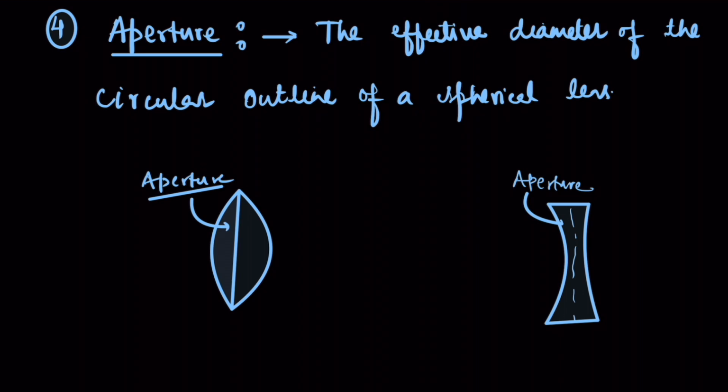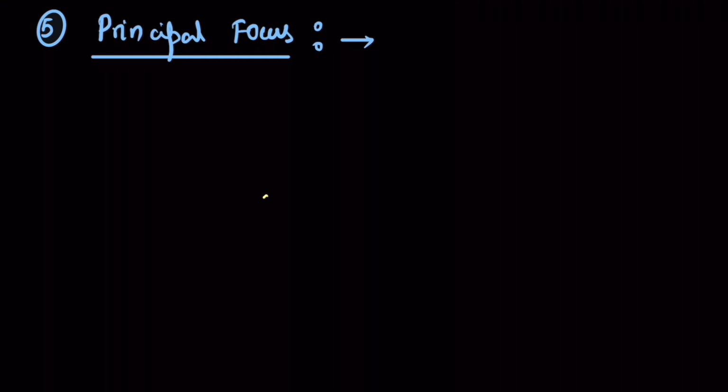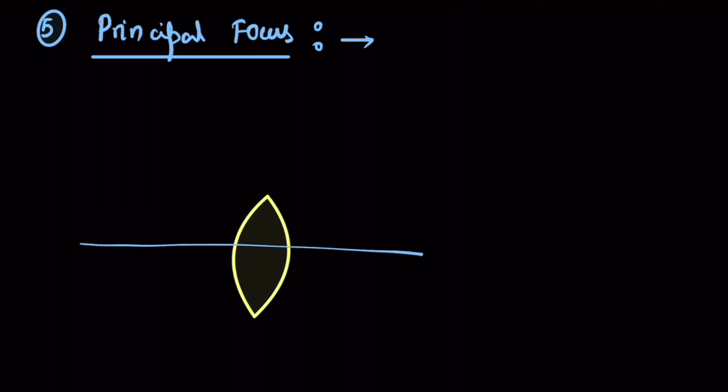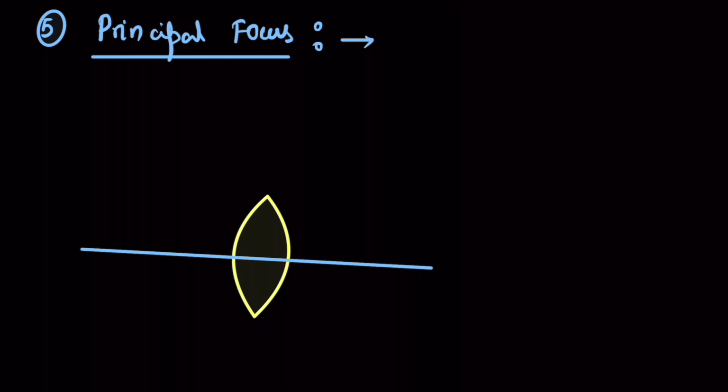Next is principal focus. As we have two centers of curvature, similarly we have two principal focus. If we take a convex lens and we draw a principal axis, this is our optical center.